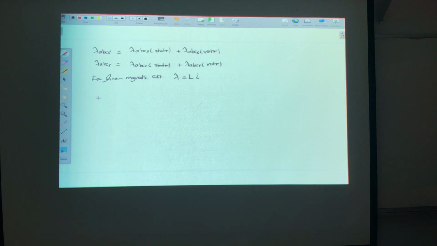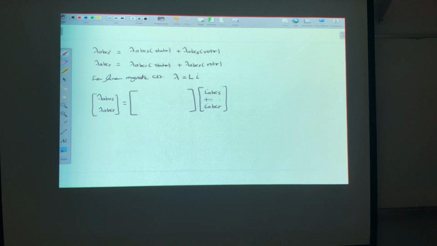So simply this means that lambda ABCS and lambda ABCR will equal a certain matrix multiplied by the currents. The first one is the IABCS, and I'm having IABCR, correct?